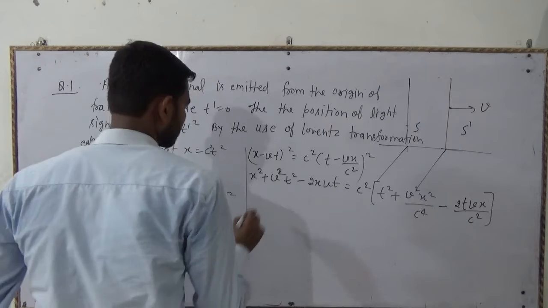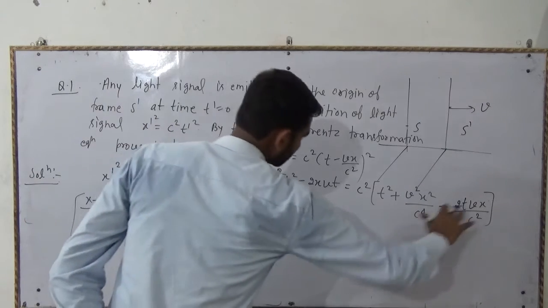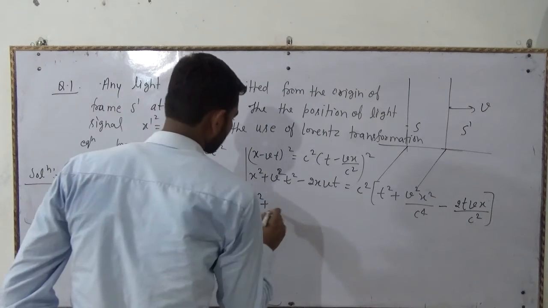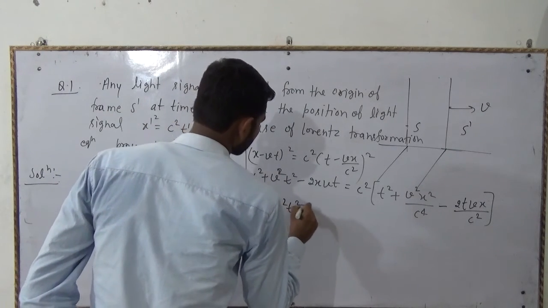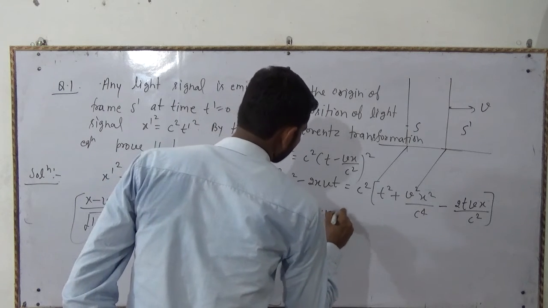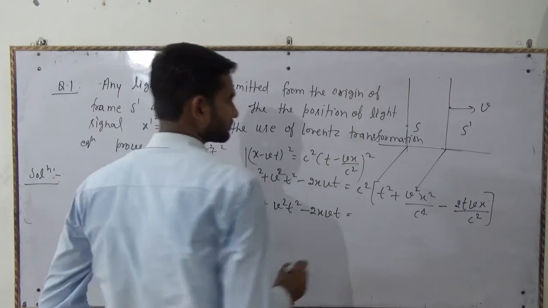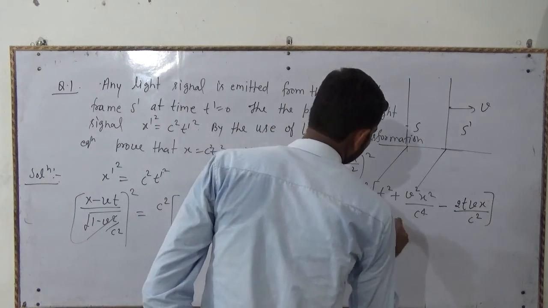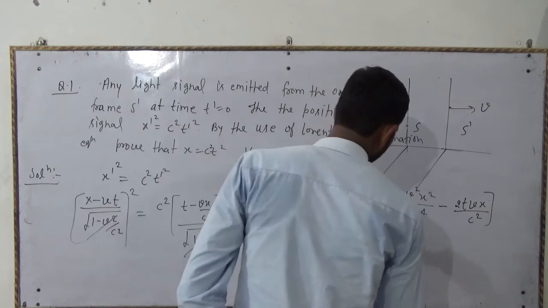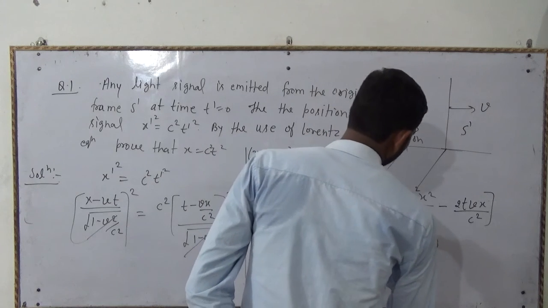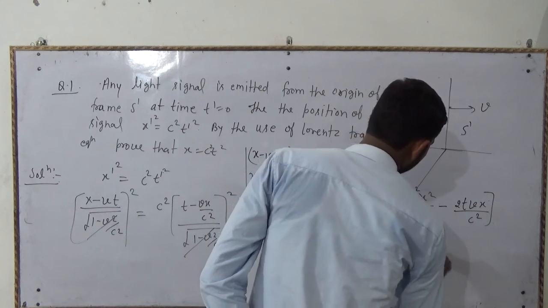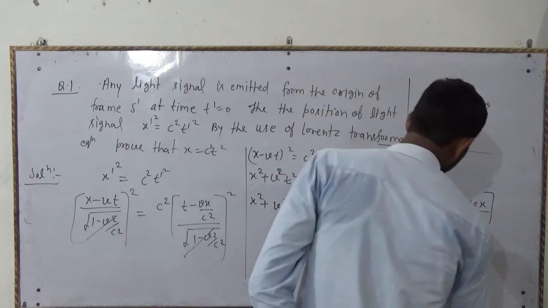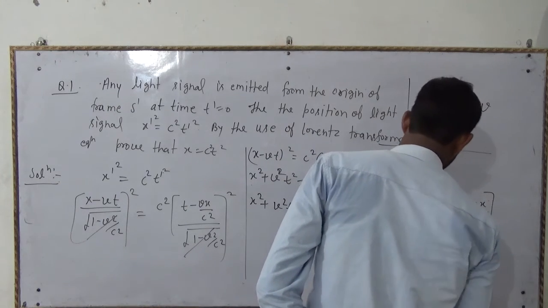Now we multiply all terms by c square, then we get x square plus v square t square minus 2xvt is equal to c square t square plus v square x square by c square minus 2tvx.